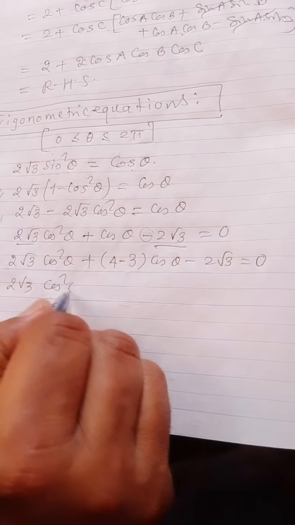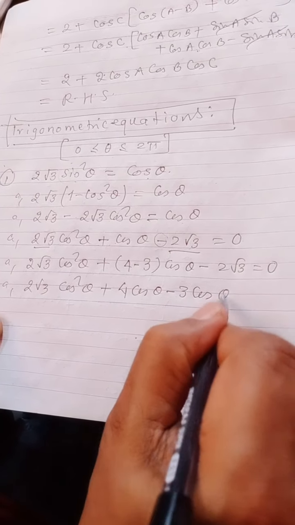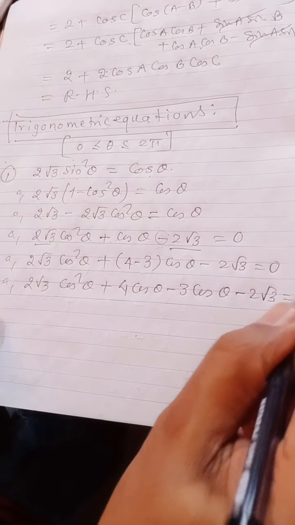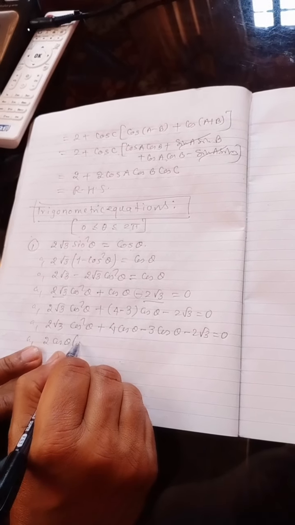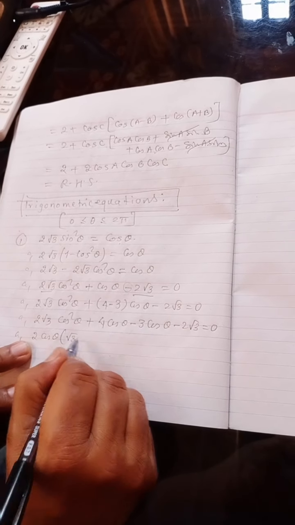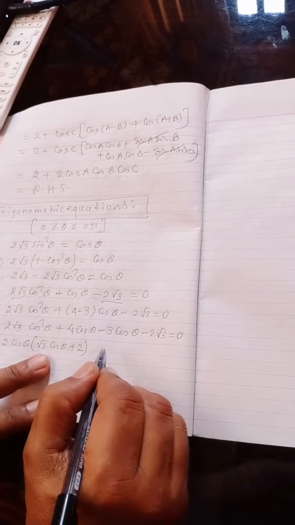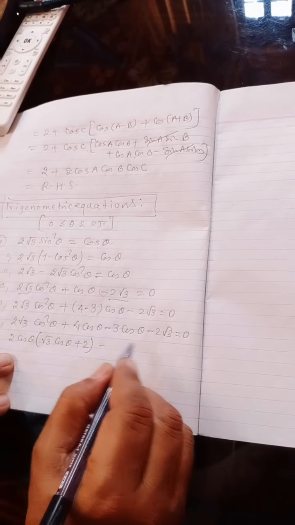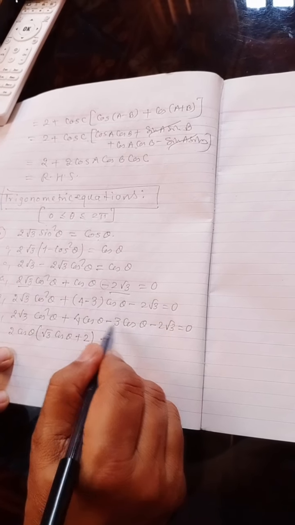2 root 3 cos square theta plus 4 cos theta minus 3 cos theta minus 2 root 3 is equal to 0. Common 2 cos theta, then root 3 cos theta plus 2 is the factor, one of the factors. Minus here is 2 root 3, here is 3 only. 3 means root 3 all square.